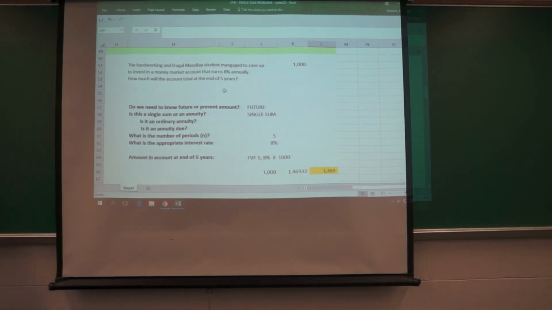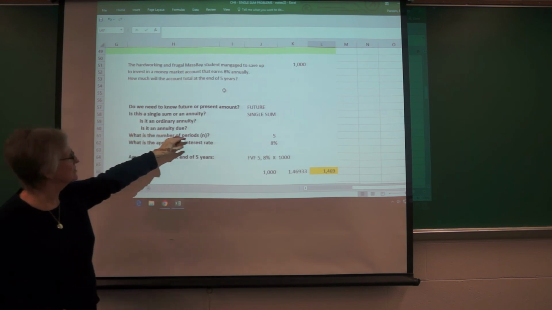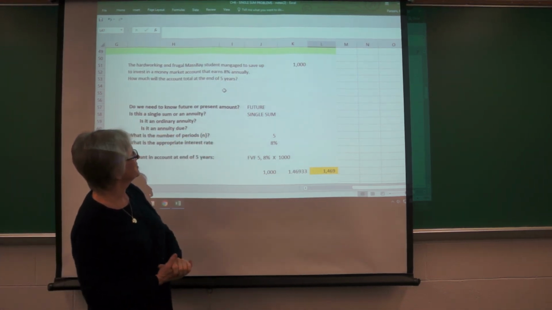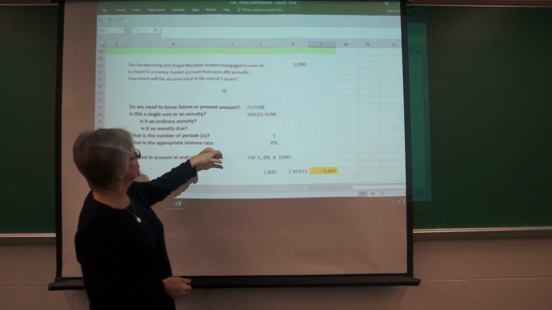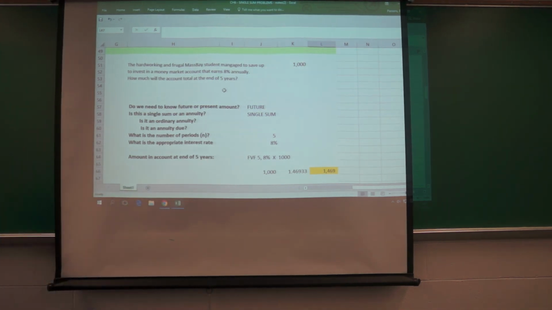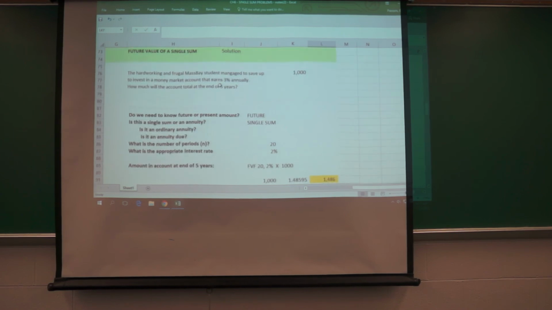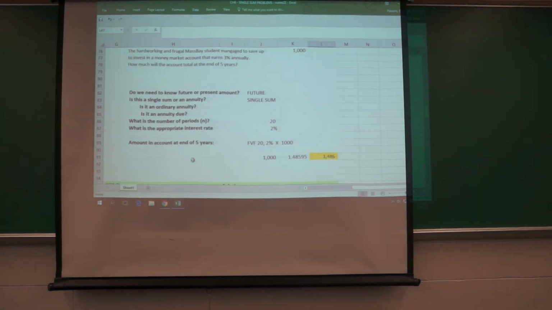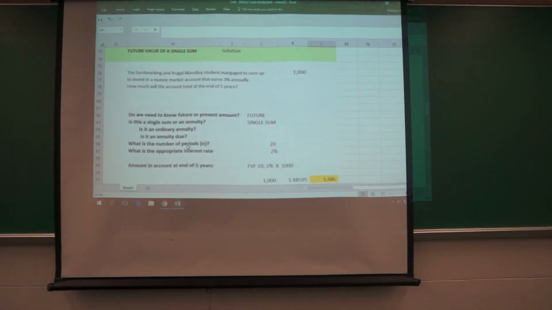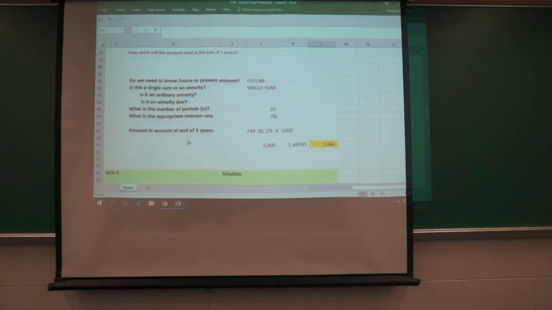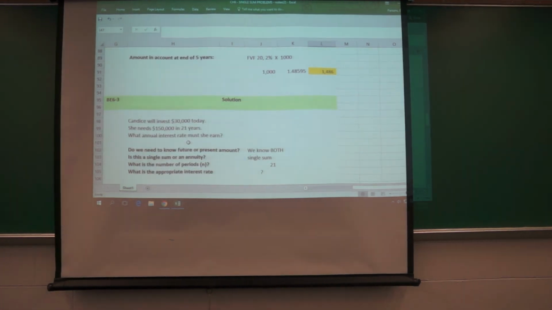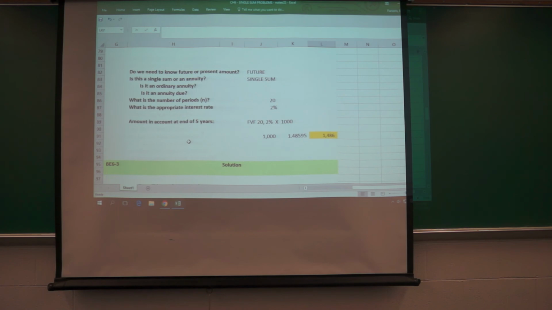So answering this question, what do we need to know, the present or the future, that's key. This gets you to the future value of the single sum table. The next two questions get you to the right factor. Okay, so now this same math-based student, let's see, wait a minute. Did I not change that? Yeah, this should be quarterly.